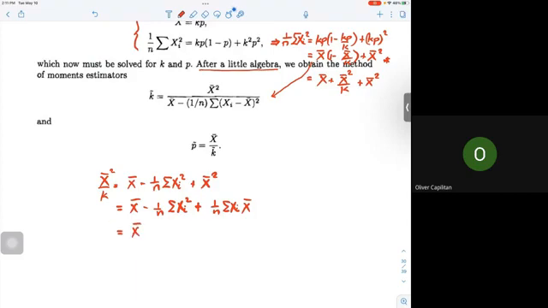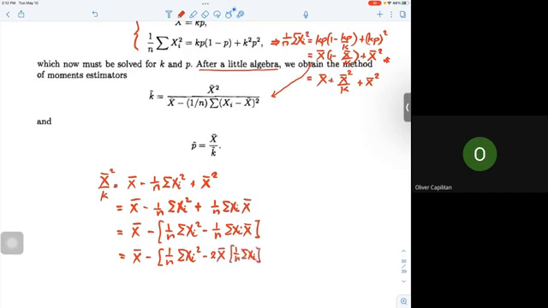Then we have here, say, minus. We have 1 over n, the summation of xi square, and minus 1 over n, the summation of xi, then x bar, and then say we can continue this, x bar minus 1 over n, the summation of xi square, minus 2, okay? Say 2x bar, then we have here 1 over n, the summation of xi, and then plus.